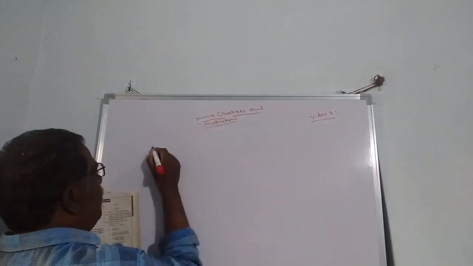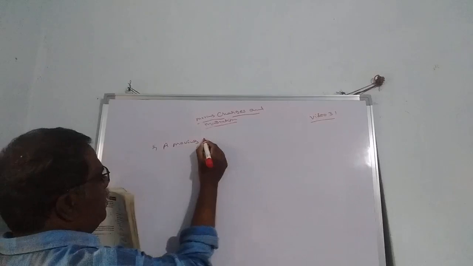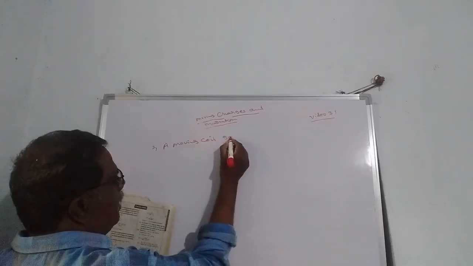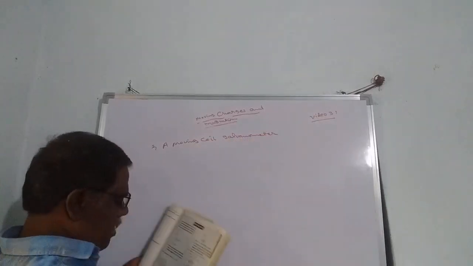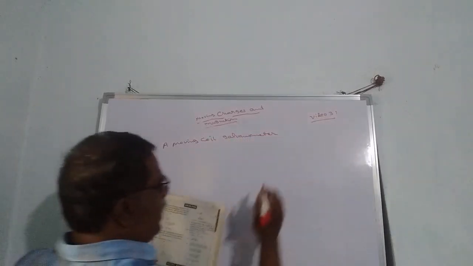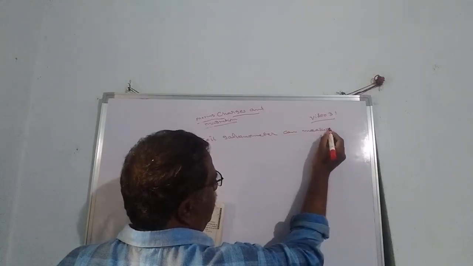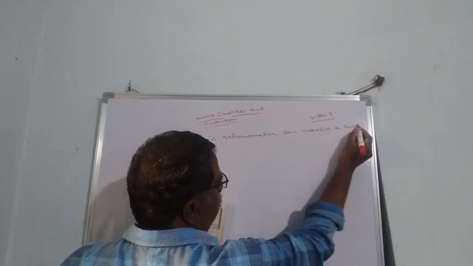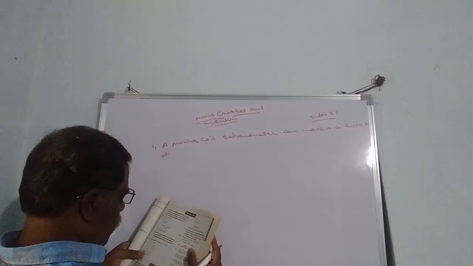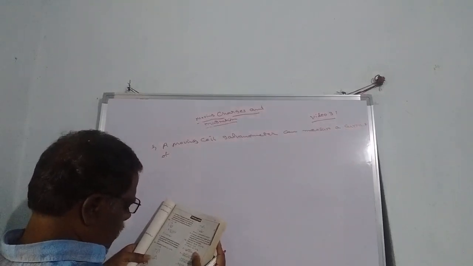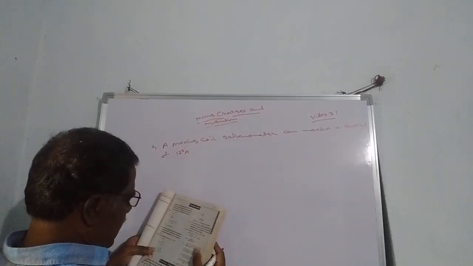A moving coil galvanometer can measure a current of 10 power minus 6 amps.